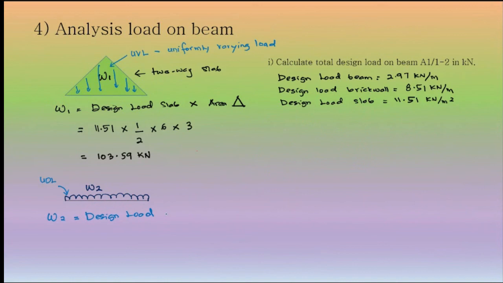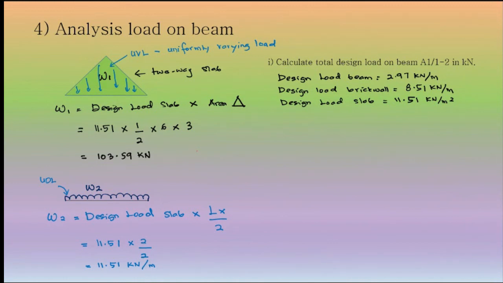So here design load slab times with LX over 2, because it is half of the LX. Okay. So design load is 11.51 times with LX is 2 over 2. So here we have 11.51 kilonewton per meter.